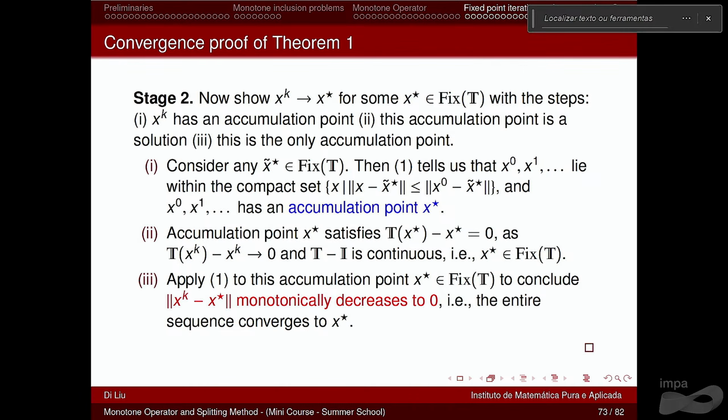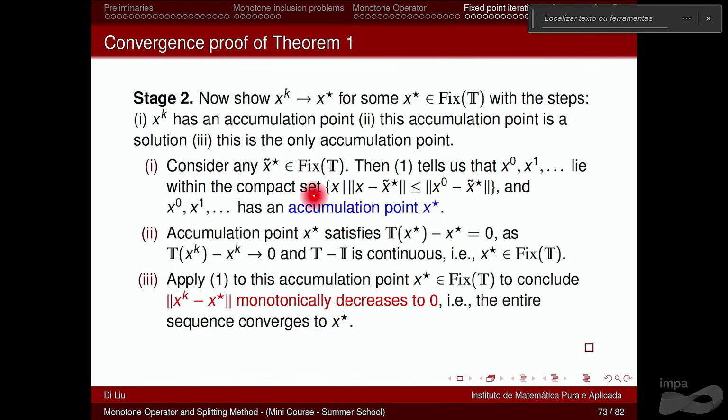First, we consider x tilde star as any point in the fixed point set. This is not the accumulation point. The first inequality told us that the whole sequence lies in a compact set.